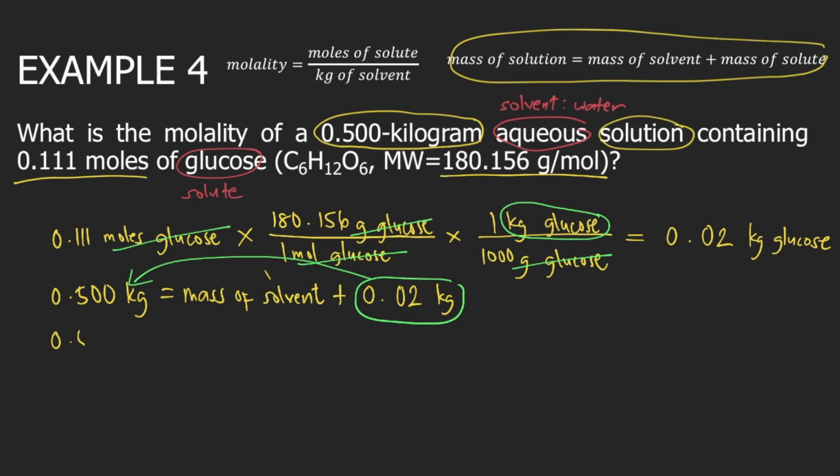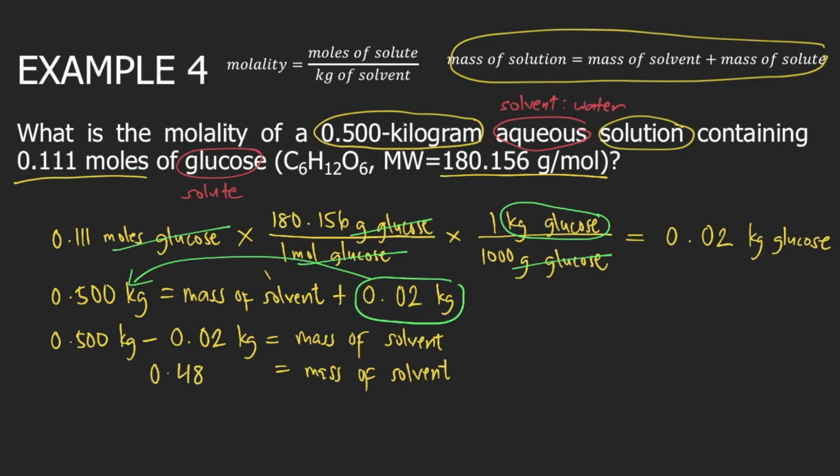So 0.500 kilograms minus 0.02 kilograms, this is the mass of the solvent. So the mass of solvent, that is equal to 0.48 kilograms.